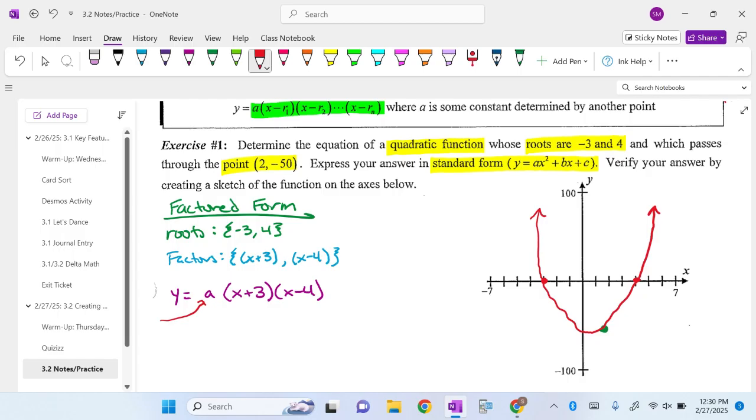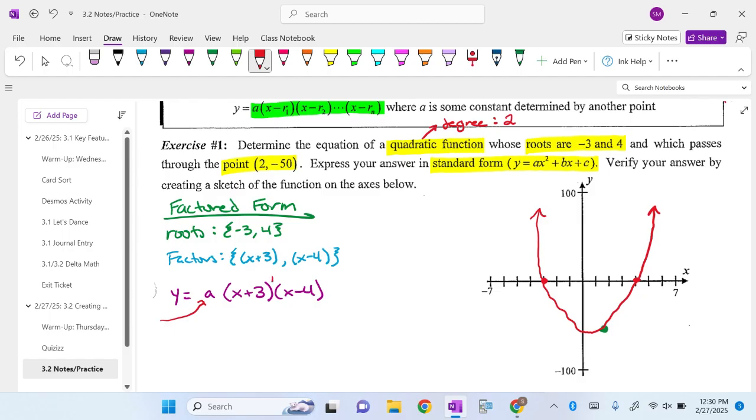Now, just from the factors, we know that a quadratic function has a degree of what? What's typically the highest exponent in a quadratic function? 2. Based off of the x, what we have currently, will we have a degree of 2 with our factored form if we added up the exponents?